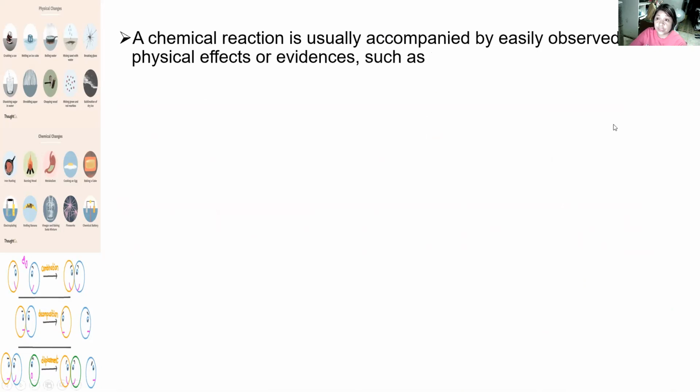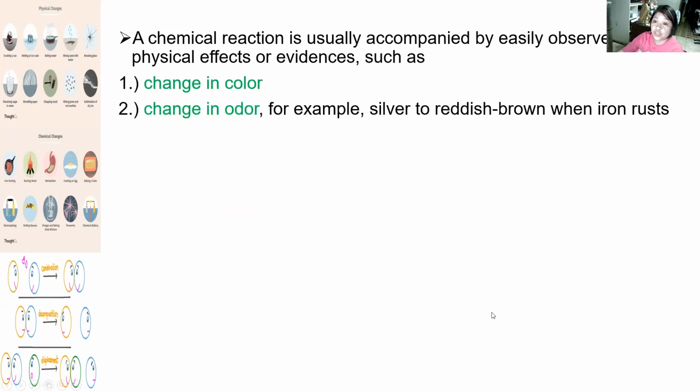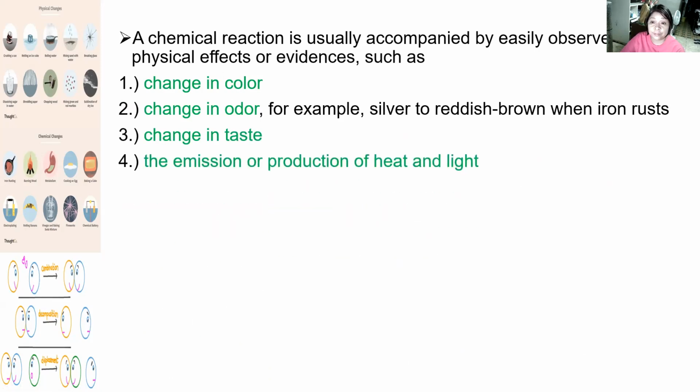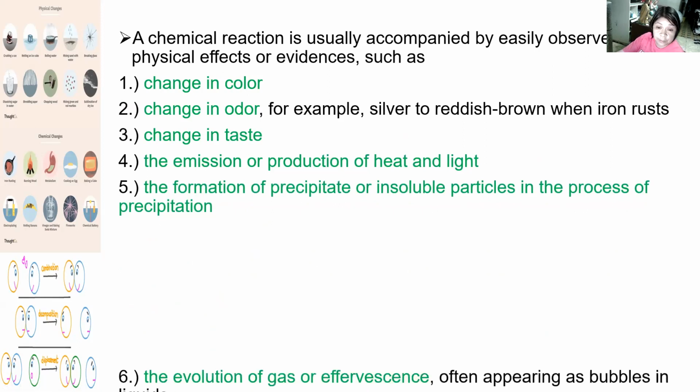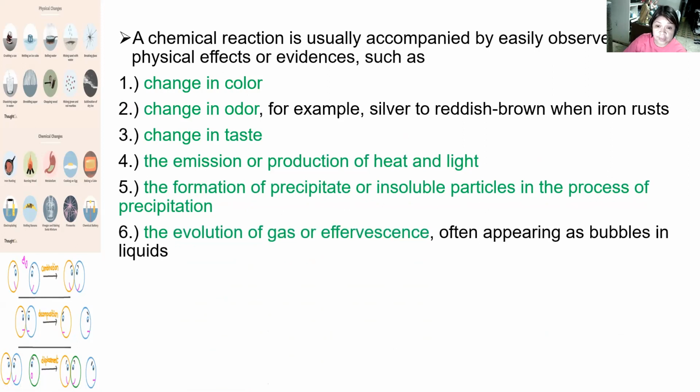A chemical reaction is usually accompanied by easily observed physical effects or evidences such as number 1, a change in color. Number 2, a change in odor, for example, silver to reddish brown when iron rusts. Number 3, the change in taste. 4, the emission or production of heat and light. 5, the formation of precipitate or insoluble particles in the process of precipitation. 6, the evolution of gas or effervescence.